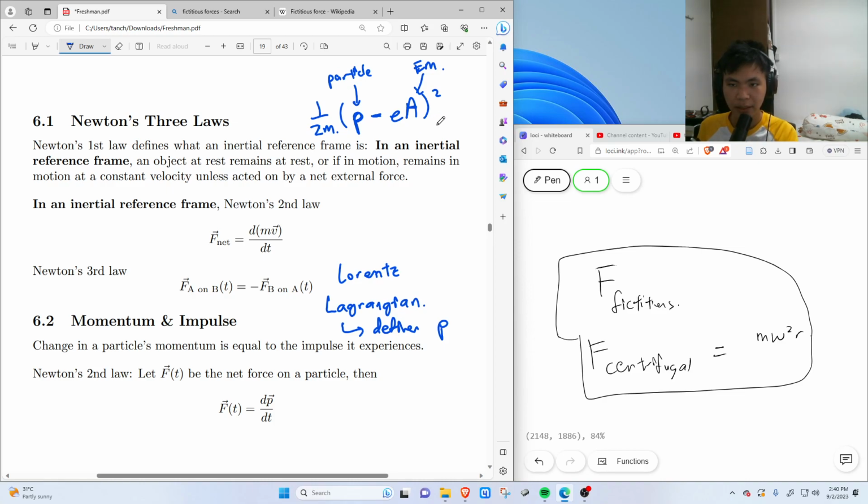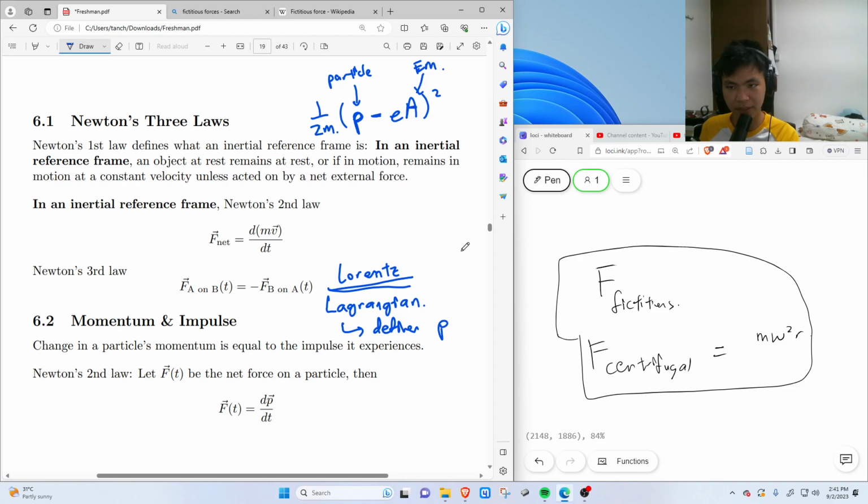But roughly speaking, the definition of a particle's momentum is intertwined with the electromagnetic field's momentum in some sense, and because of that, the Lorentz force doesn't obey Newton's third law. I'll talk more about this in another video, but just know that the Lorentz force doesn't obey Newton's third law, but most other forces should.